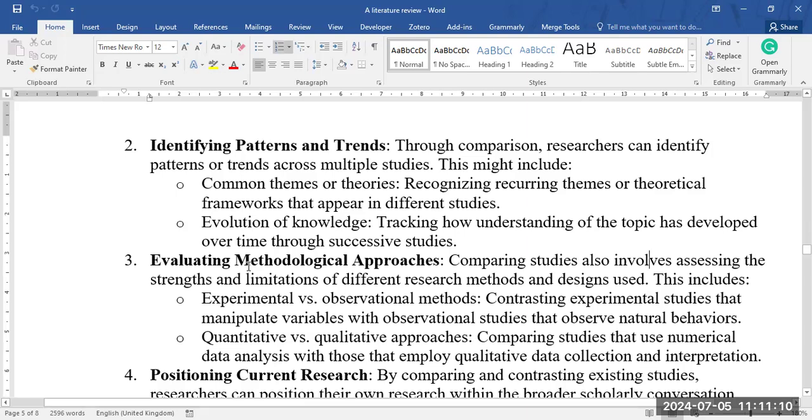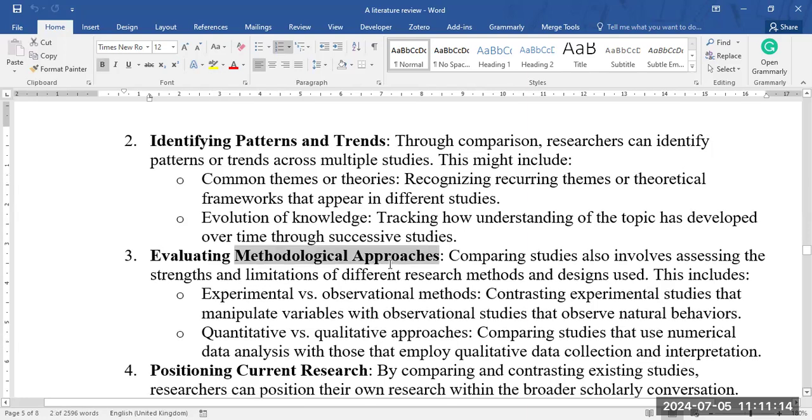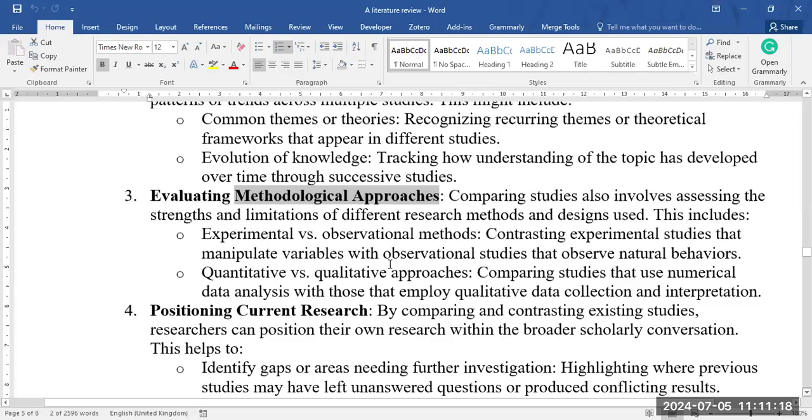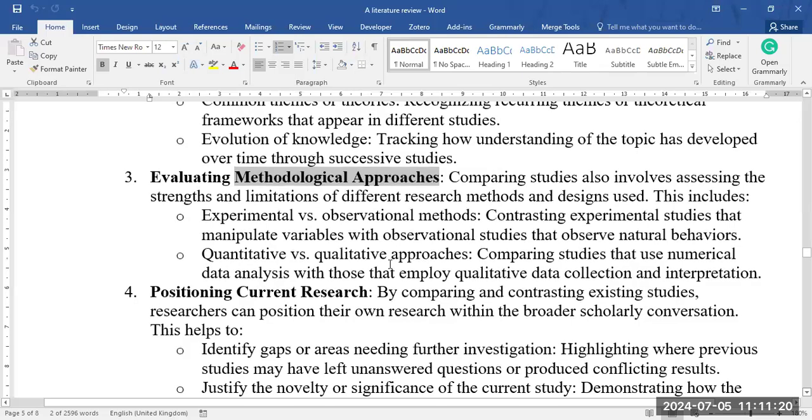Another one is evaluating the methodological approaches. That is very important because which methodology is appropriate to a particular research depends on the literature. Previously, researchers used some methodologies appropriate to the particular research context or research problem, so the same methodology can be applied in a particular study.